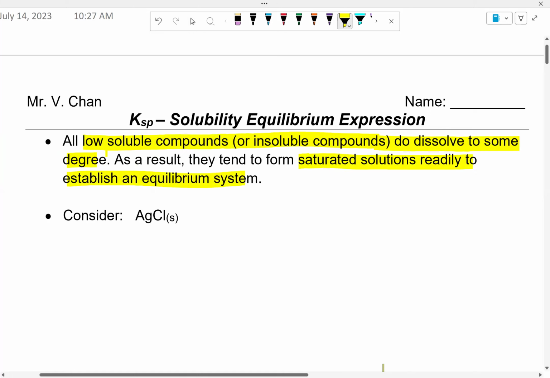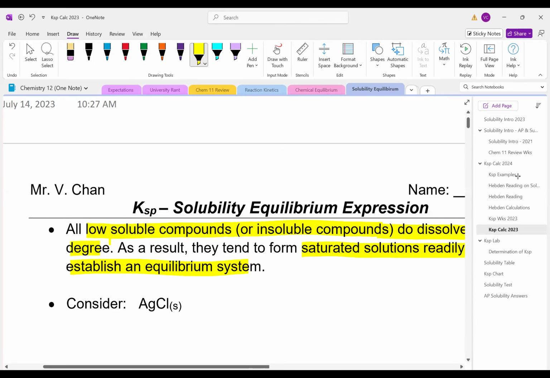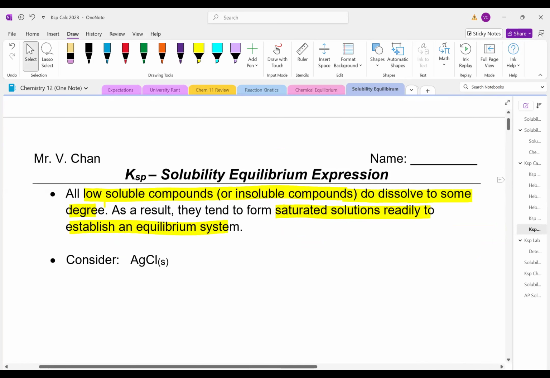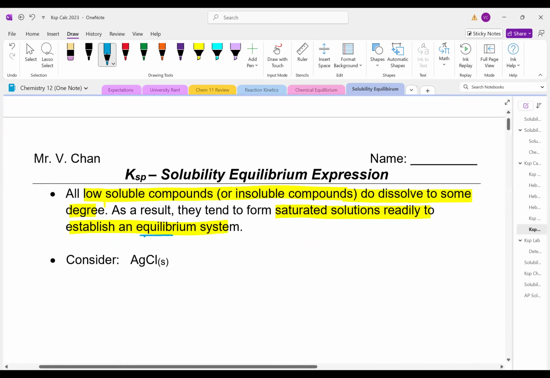Now, the one thing that you need to be aware of is this. The terms saturated solution and equilibrium system are the exact same thing. Equilibrium and saturated solutions are the same.